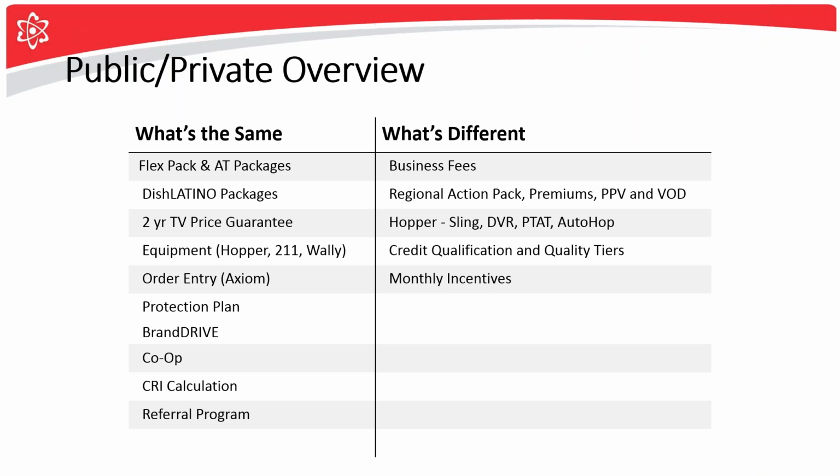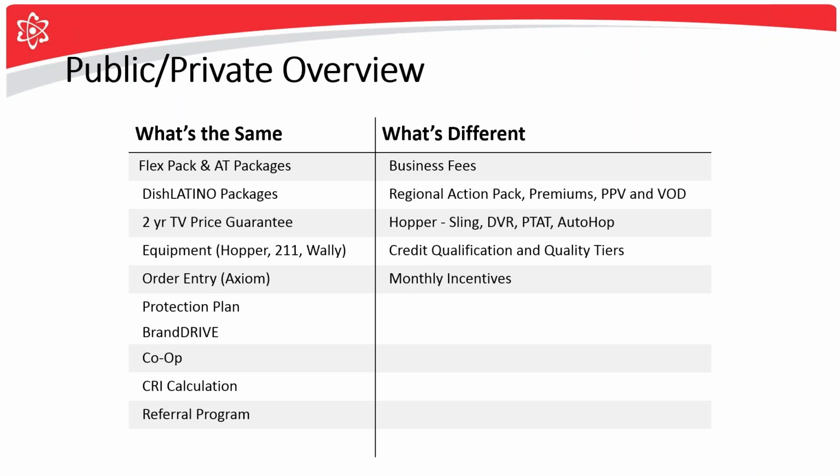A few of the differences: you'll have business fees associated with your business customers. You'll also have a few differences as far as the premiums and the pay-per-view. So ordering of pay-per-view events won't be exactly the same as it will be with your residential. They would have to call the promoter, for example, like with the upcoming fights, but they still can order those events, but they'll have a different price.